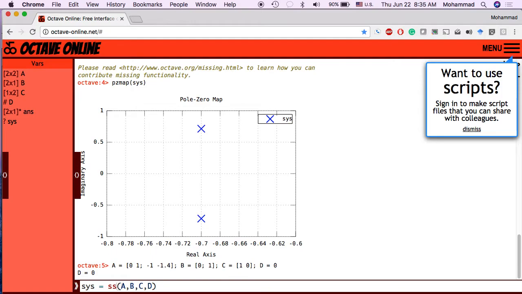That basically says, okay, I have a model made of these four matrices.